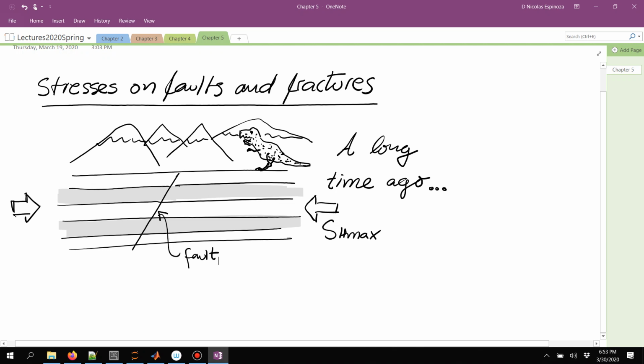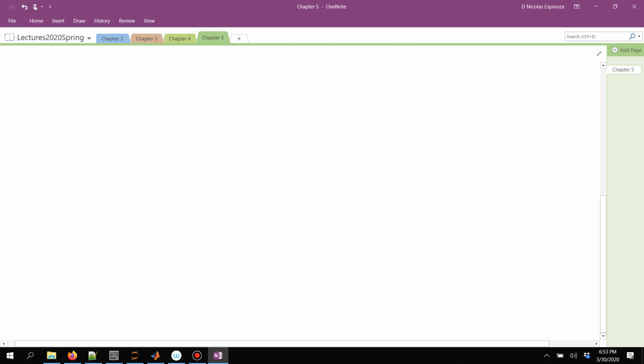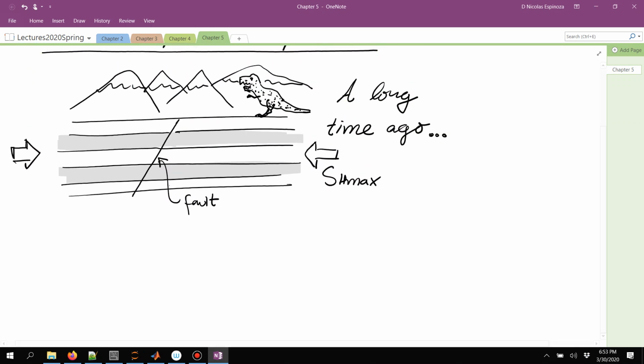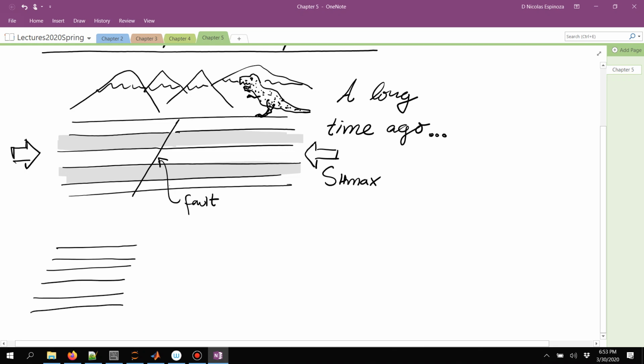And that fault is going to, as time passes by, result in a displacement of the formation with respect to the original location. So let me do one more layer. This was originally the fault, and now there has been a movement with respect to the original position.